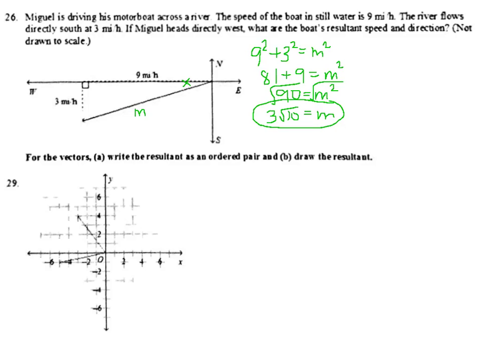Okay, so 3 radical 10, maybe they want a decimal. It doesn't specifically say, so you're just going to have to check the multiple choice answers on that one as well. But that's my magnitude. The only other thing I have to find is my angle, this missing angle x. If I look around my triangle, I've got my opposite side and my adjacent side.